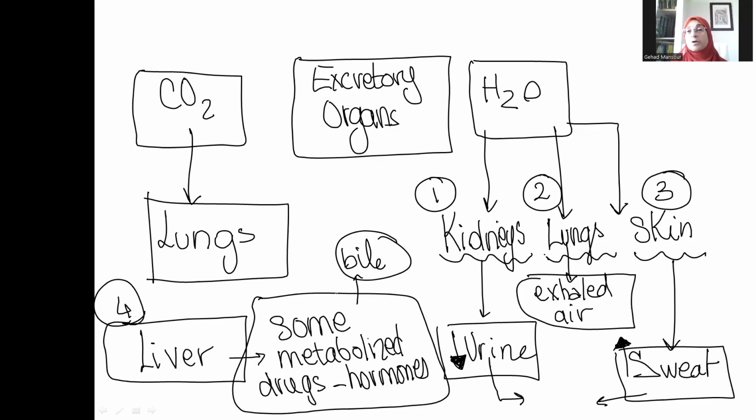And since this process of breaking down occurs in the liver, the liver will excrete those metabolized drugs and hormones in bile, and they will go to the duodenum, and then to the small intestine, and then to the large intestine, where they will be lost with the feces.